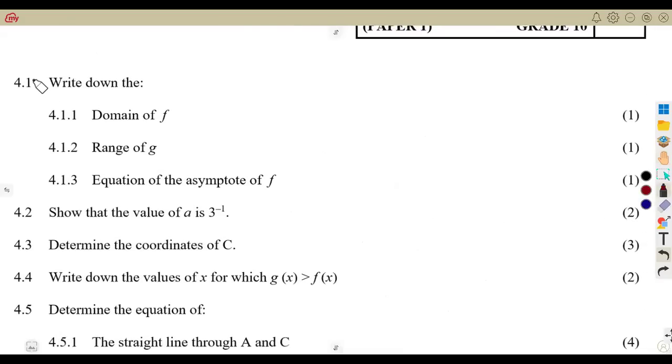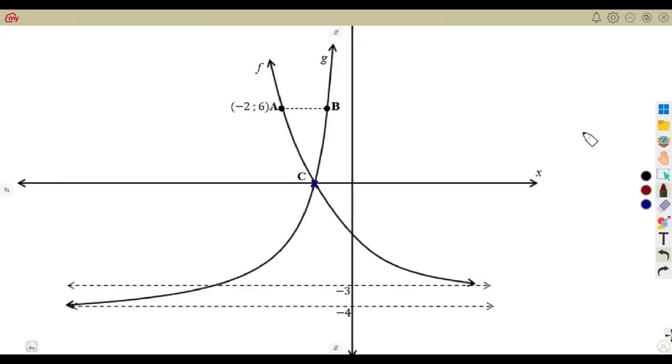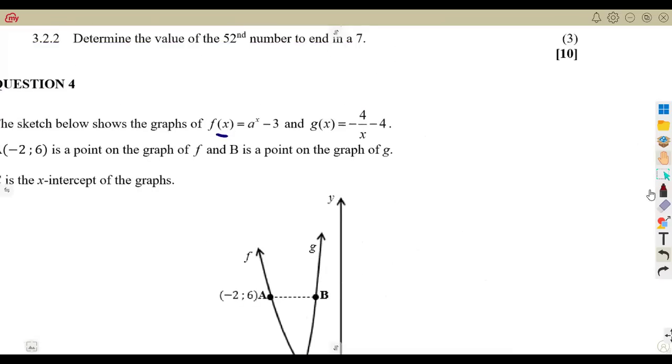4.1.1: Write down the domain of f. The domain of f, as we consider f of x. What is the domain? When you consider the domain, what are we talking about?